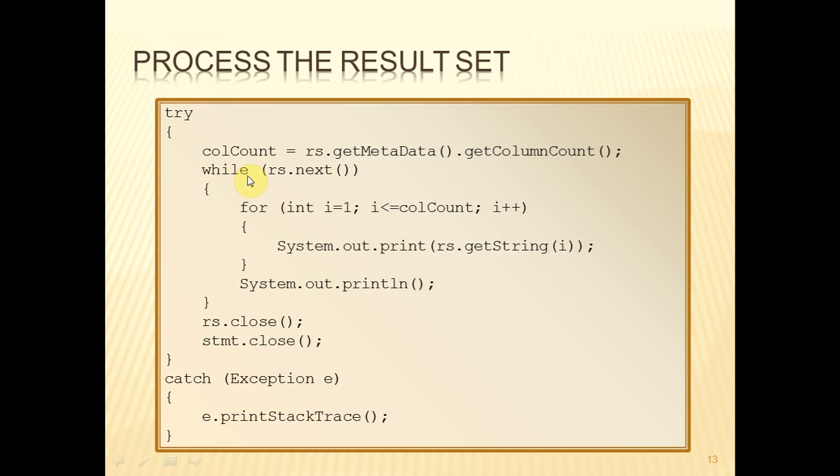Well, let's come back to this while statement. rs.next is a very useful method, and it does potentially 2 things. The first thing it does is to attempt to load a row of data from the result set. If there is a row of data, then it will return true.